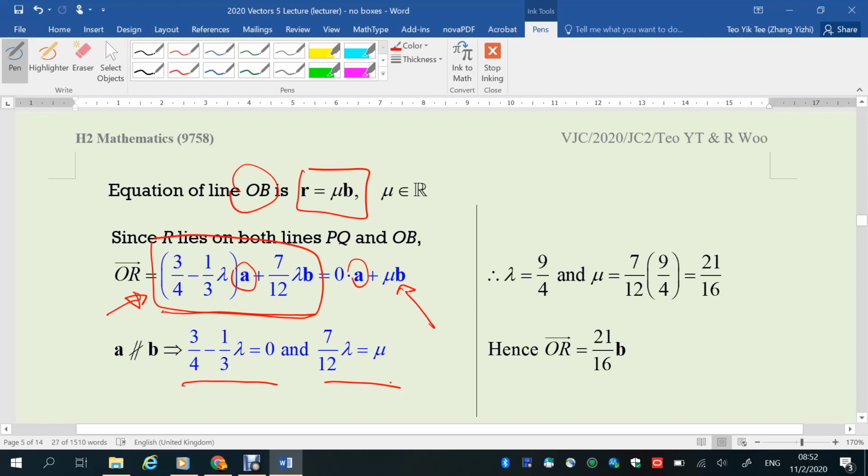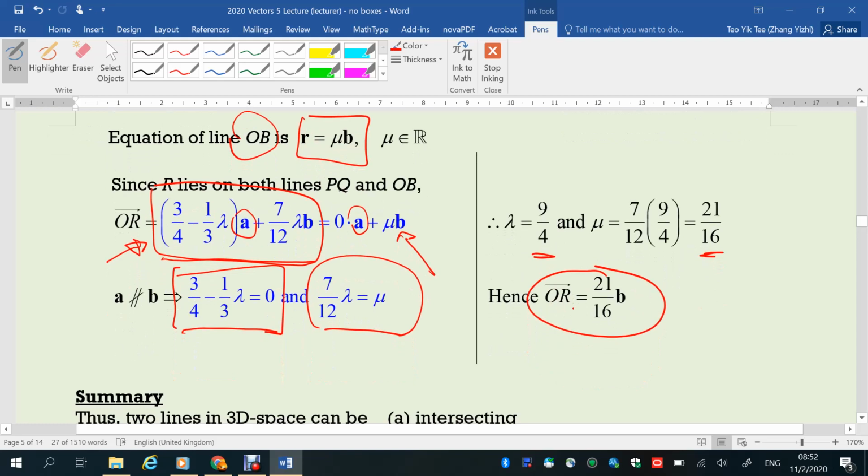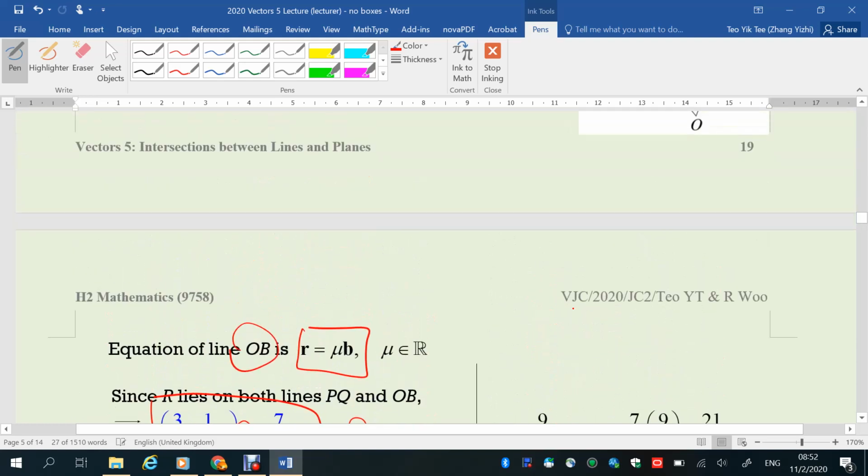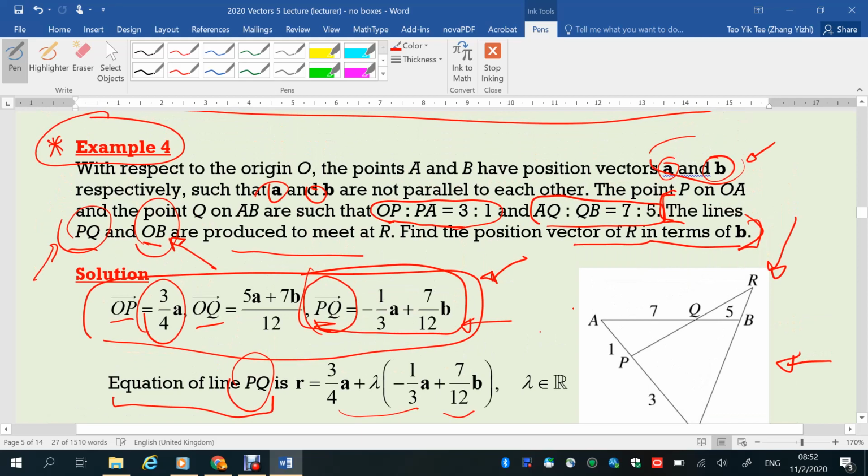From this equation I can solve for lambda, and from the lambda value I can get my mu value. Subsequently, lambda equals this, mu equals this, and then you can back substitute into either equation to get the point of intersection between the 2 lines. Spend some time looking at this example. It's very, very important because it is a question that students usually have problems with.